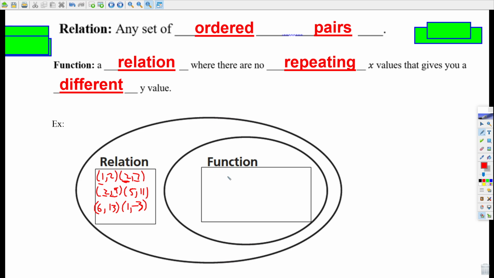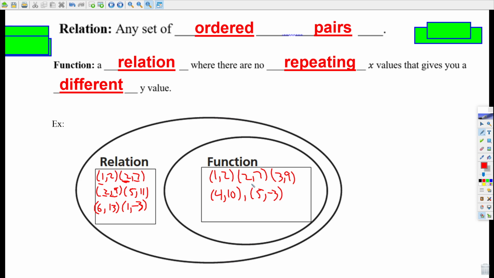So let's create a function as well, something that will work. As long as we keep changing the x values, we should be good. So I could do 1, 2; 2, 7; 3, 9; 4, 10. So you can keep going, right? As long as we keep changing that x value, it doesn't matter. So we can actually repeat y values.